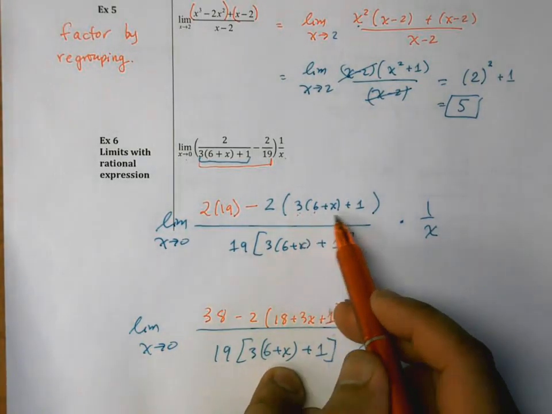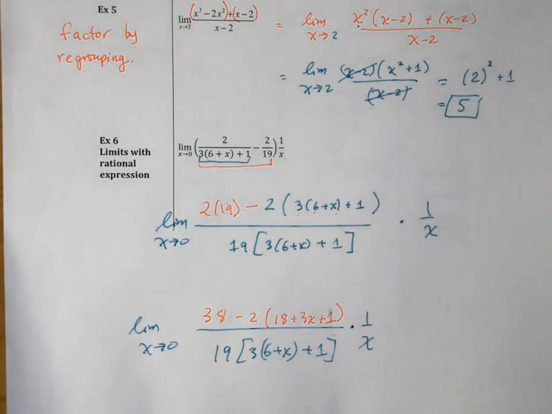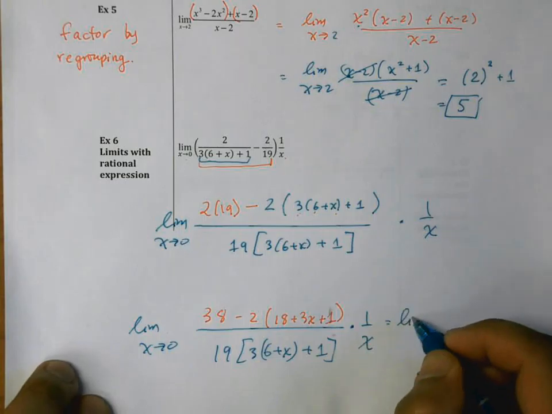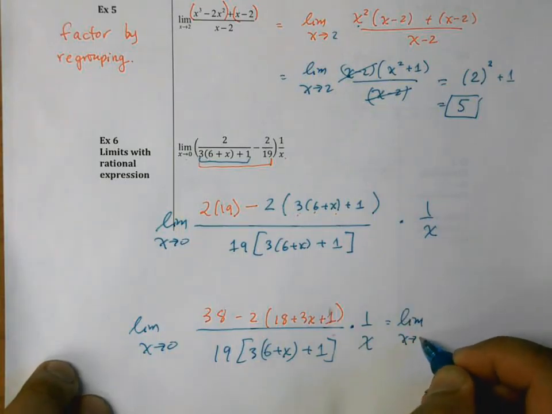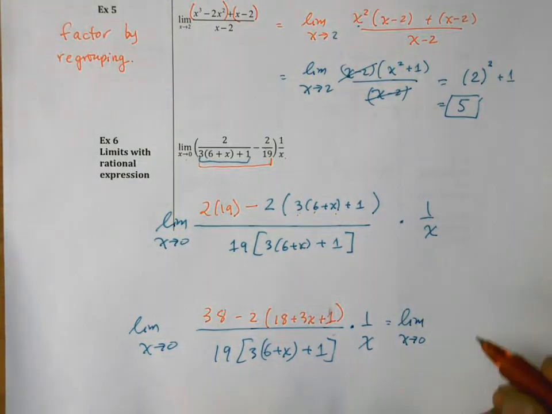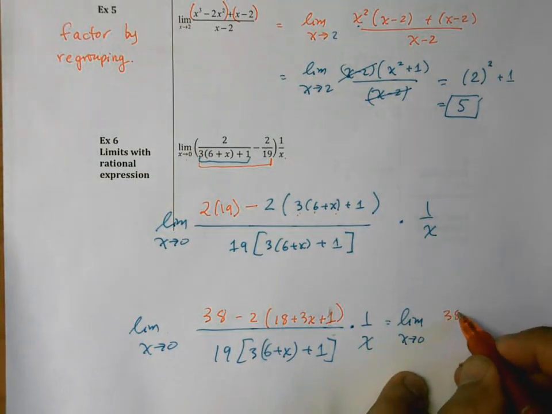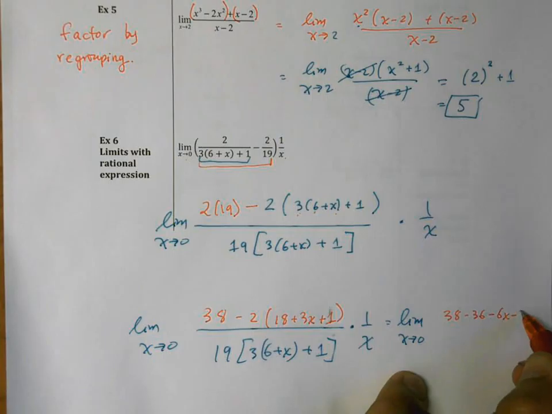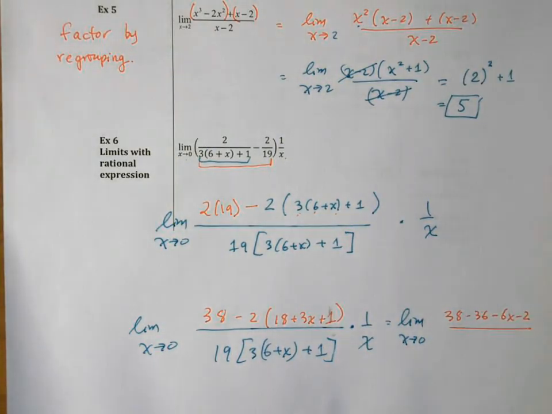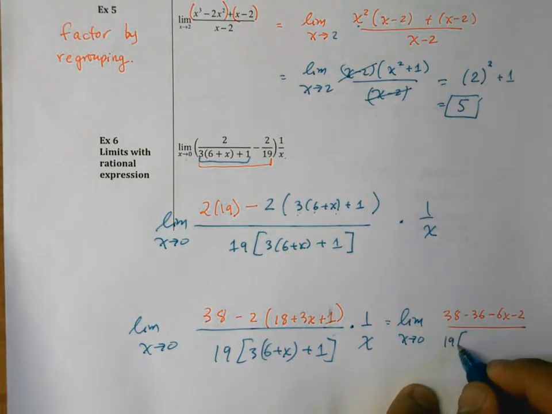So keep on going here, and this is the limit as x approaches 0. And in the numerator, we have 38 minus 36 minus 6x minus 2, all divided by this mess, 19 times 3 times 6 plus x plus 1, all times 1 over x. Okay.